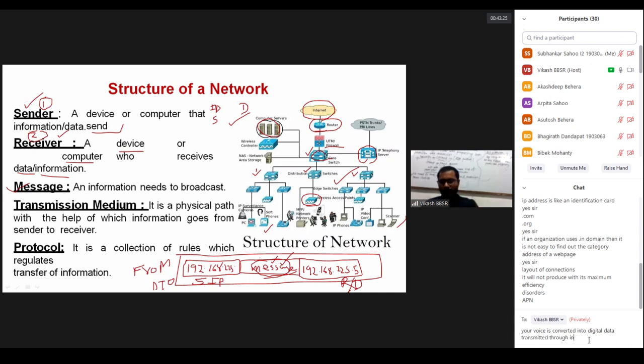It may be a wireless medium, that is, through air, or a wire medium. Through these things the message travels, and that is called the transmission medium. It is a physical part with the help of which information goes from sender to receiver.